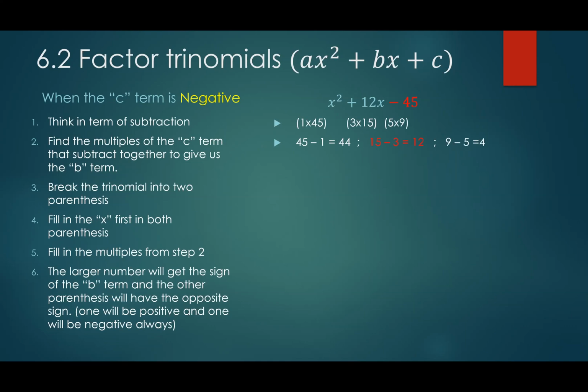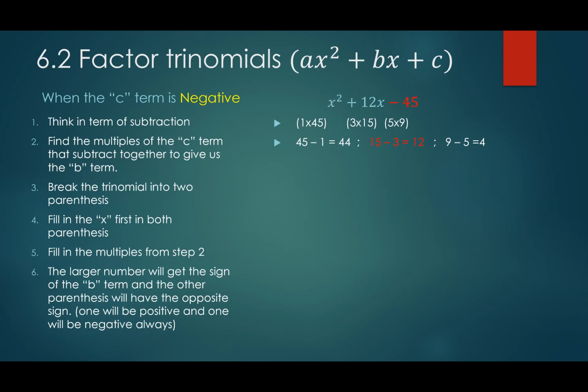There's no other number that multiplies together to give you 45, not evenly, okay? 2 cannot go into an odd number, 4 cannot go into 45, 6 cannot go into 45, right? 7, 8 cannot go into it. The next number is 9. So looking at this, everybody agrees that 15 times 3 or 3 times 15 is 45, and 15 minus 3 gives me 12.